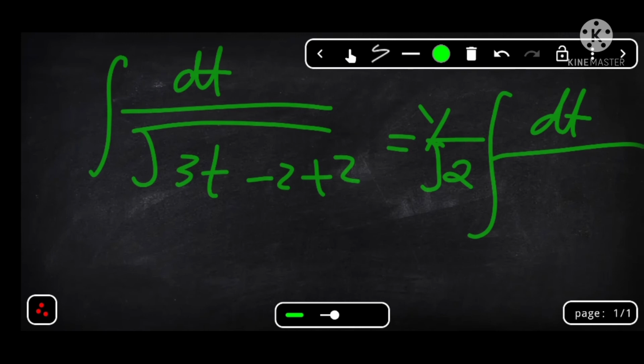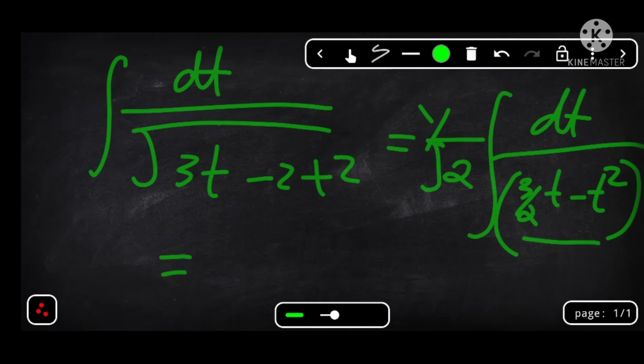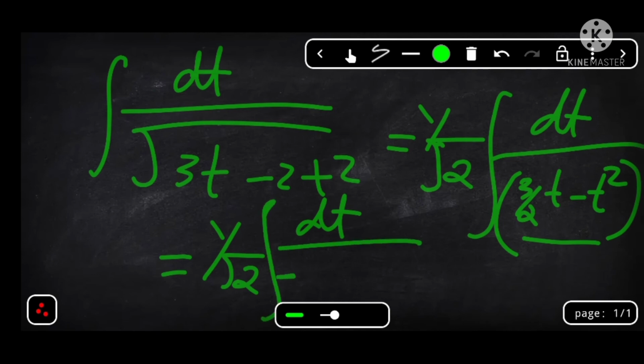We will be getting it as 3 by 2 t minus t square, right? And t square, if we write this in an order, first t square will come, right? So for that we need to take minus outside, right? So t square minus 3 by 2 t will come. Clear?